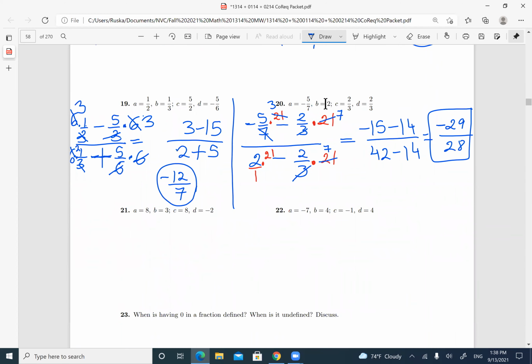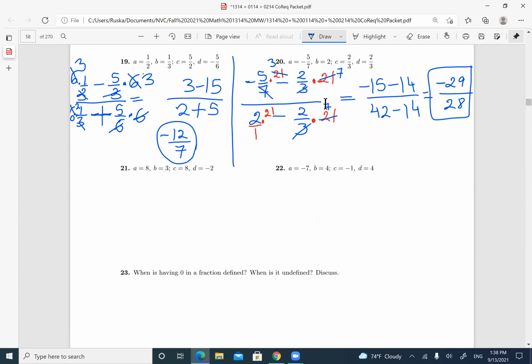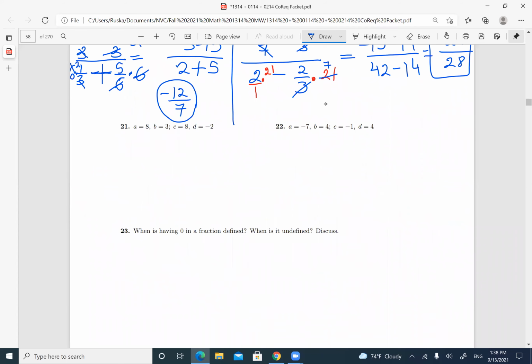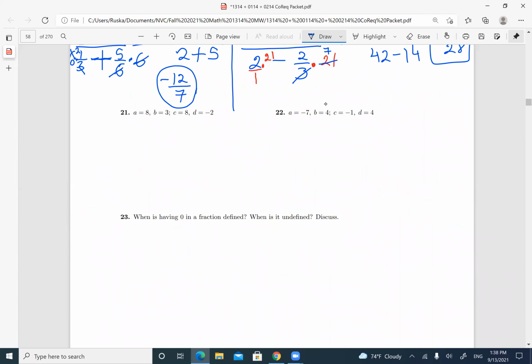Okay, let's do 2 more. So we have 21, it's a minus c. So it's going to be 8 minus, what is c, 8, over b minus d, 3 minus negative 2. So what is 8 minus 8? 0.